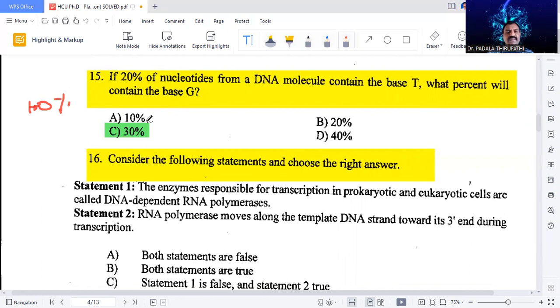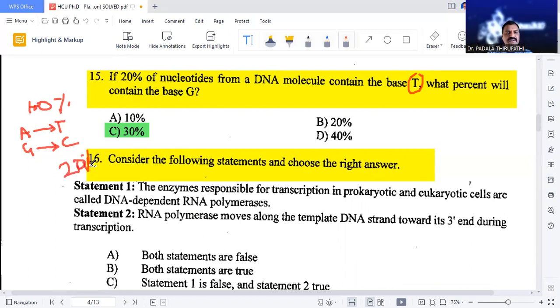According to Chargaff's law, A always pairs with T, and G always pairs with C. Here, my dear friends, if 20% of the nucleotides contain T, see here, T is 20%.